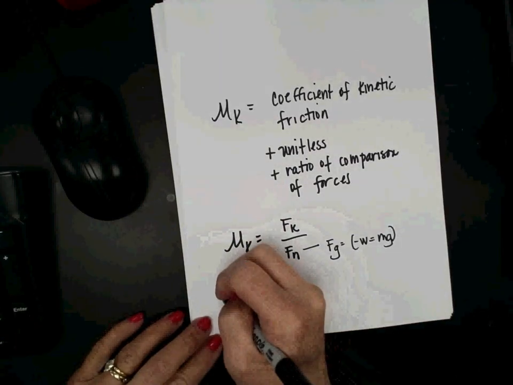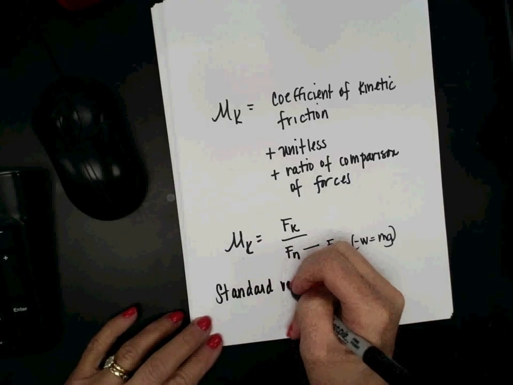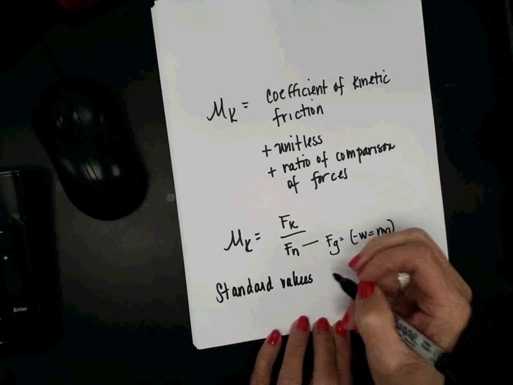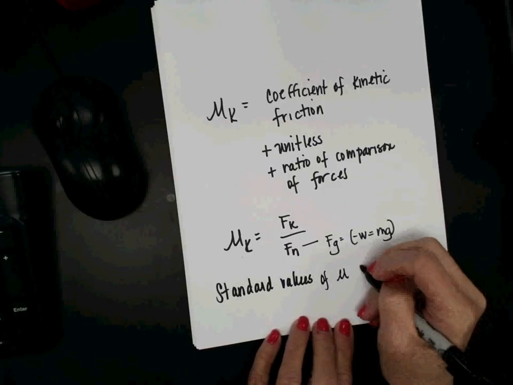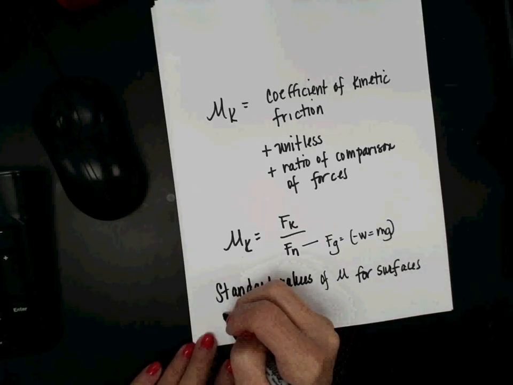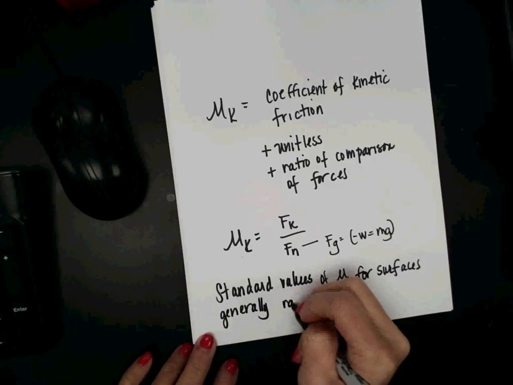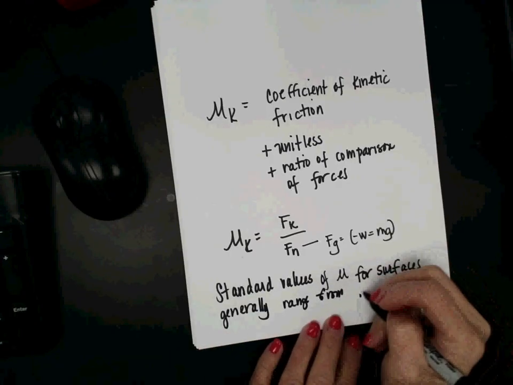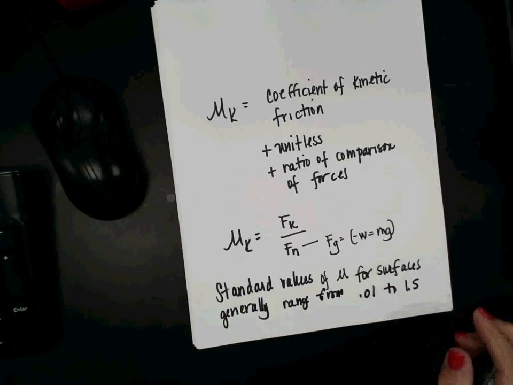Now when I look at this mu k and I look at mu s, I can say that the standard values of coefficient of friction for surfaces generally range from 0.01 to 1.5.